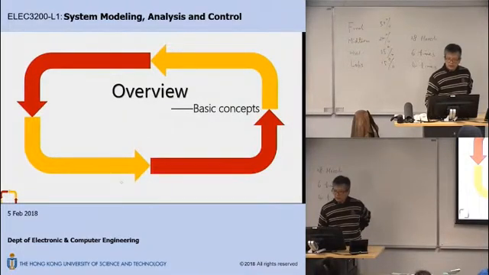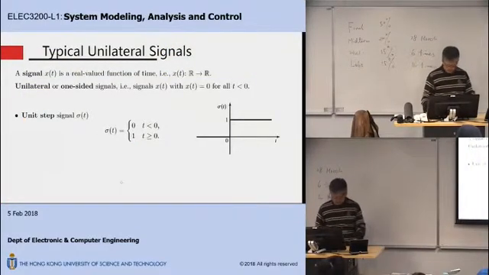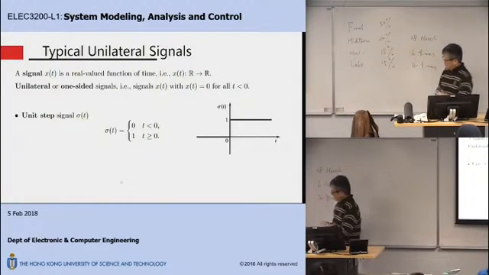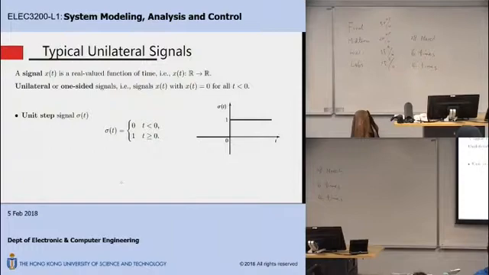So let's now look at some very basic concepts we need to use in the study of control. Before we talk about the control system, or even a system, we need to know what is a signal.